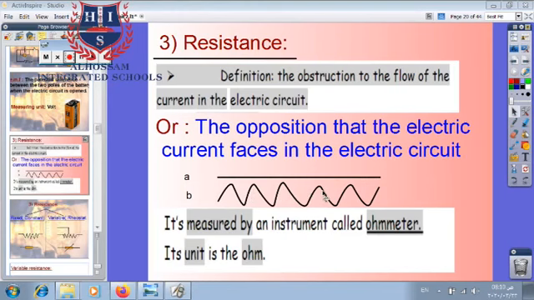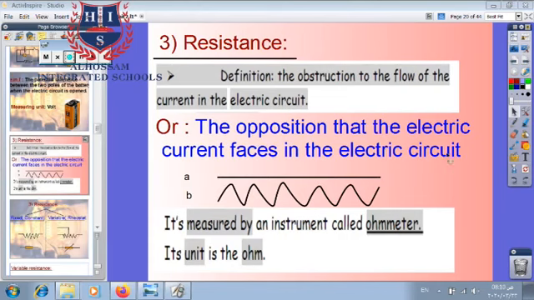Also, the electric current, when it passes in the electric circuit, finds opposition, something which tries to stop it. So it's called the electric resistance. So what is meant by the resistance? Obstruction to the flow of the electric current in the electric circuit, or the opposition that the electric current faces in the electric circuit.